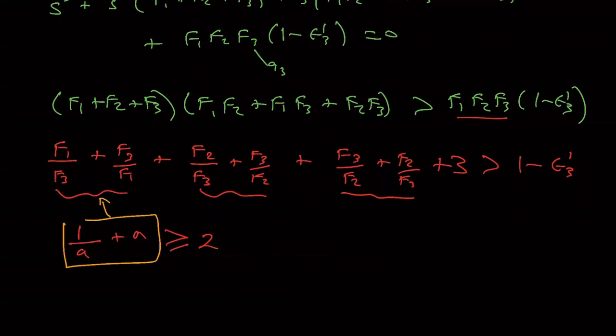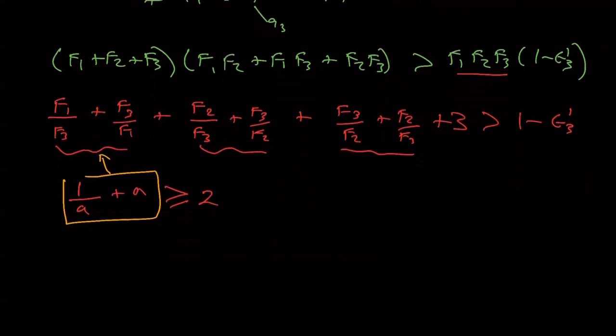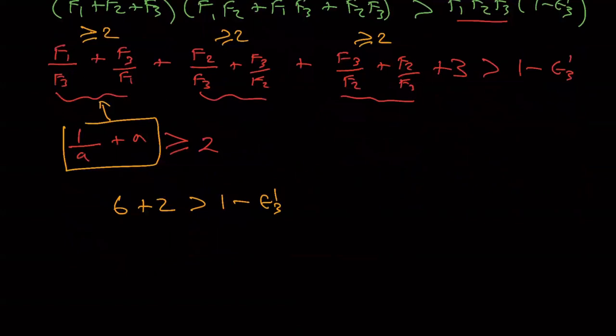And so each of these can't be less than 2. This has to be greater than or equal to 2, this has to be greater than or equal to 2, and this has to be greater than or equal to 2. So the smallest value on the left-hand side is 6 plus 2, greater than 1 minus epsilon_13. Okay, that's the smallest it can get.